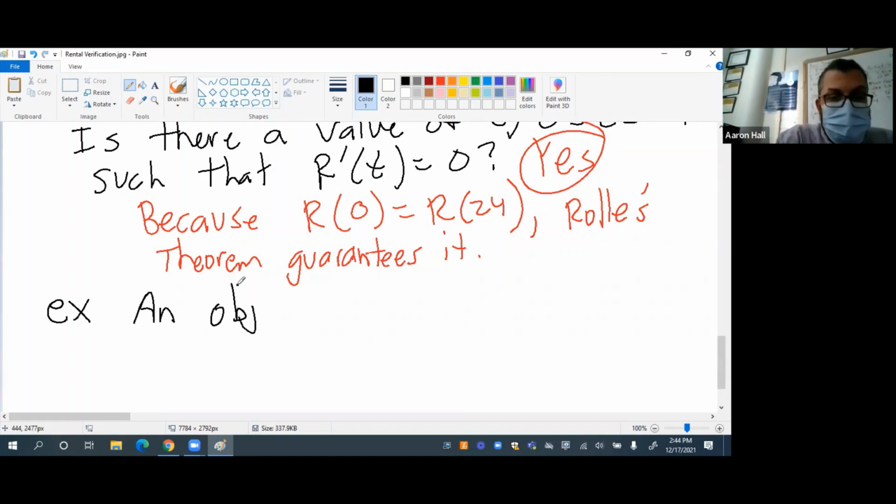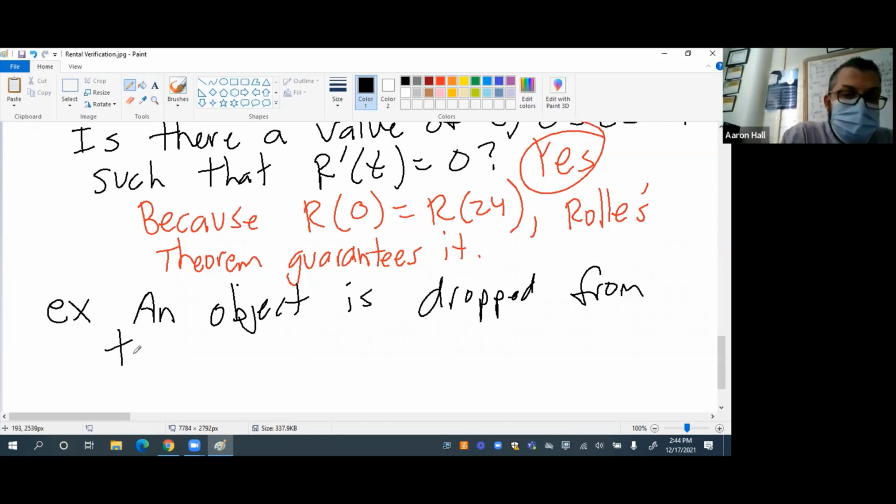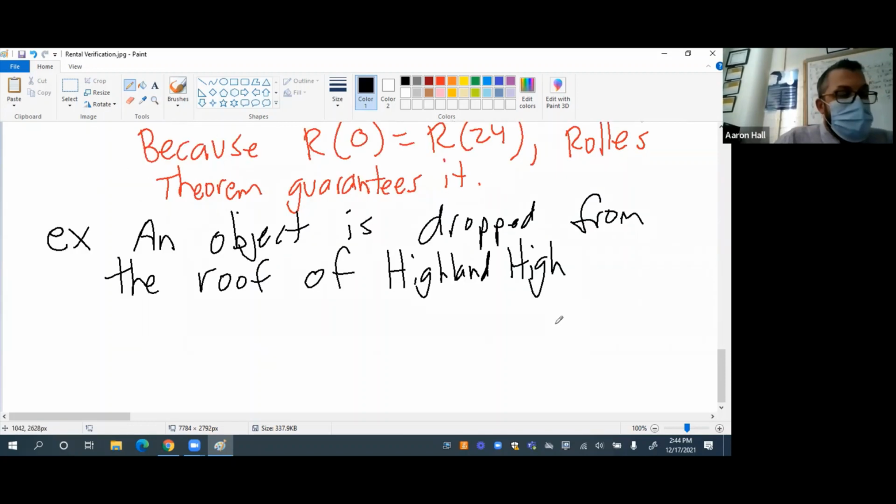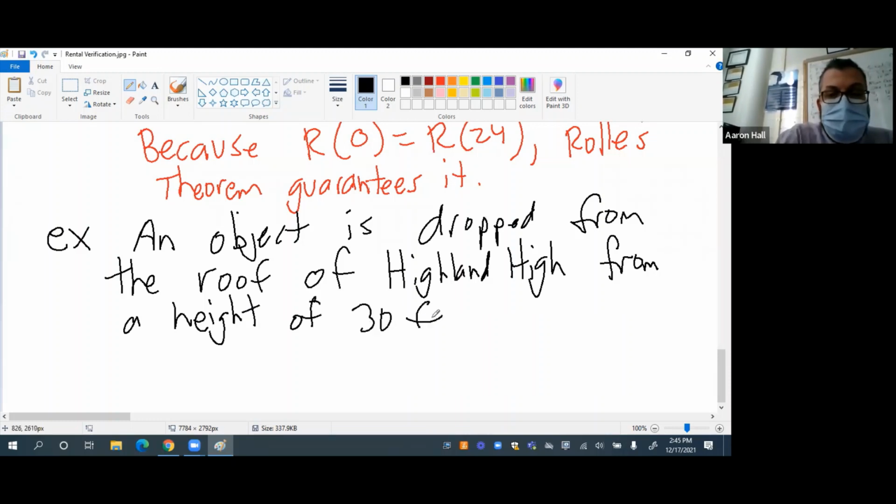An object is dropped from the roof of Highland High School from a height of 30 feet.